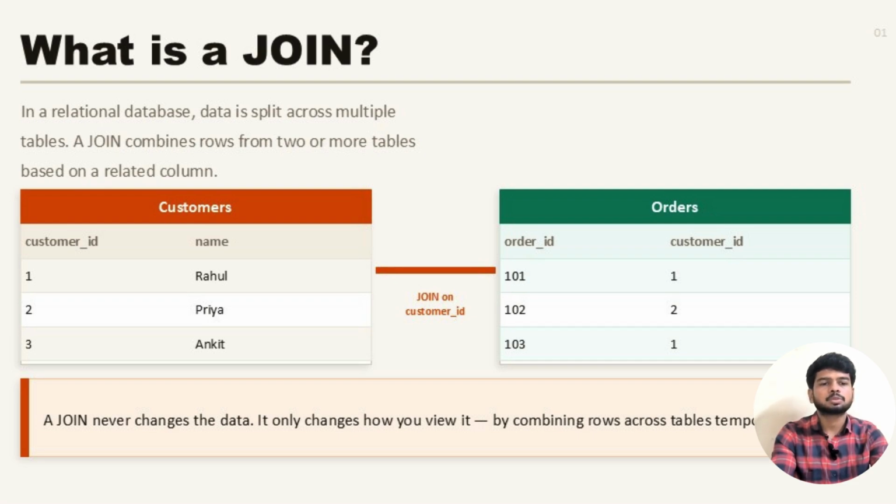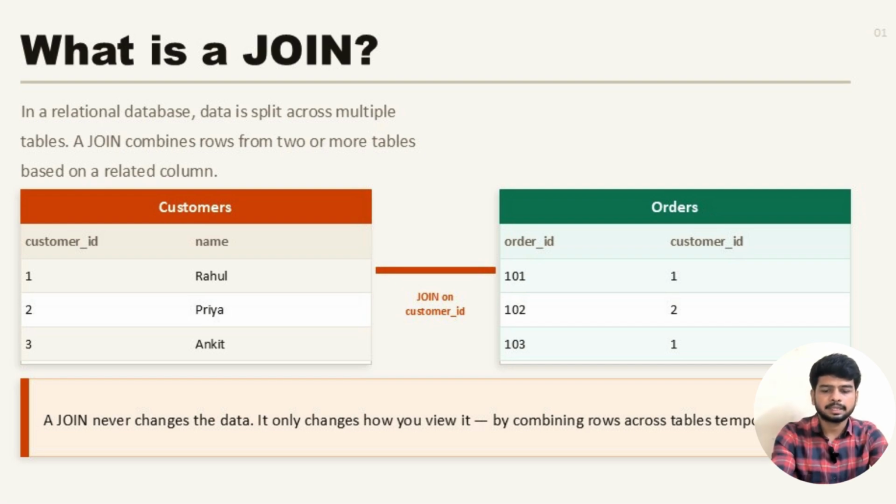And here comes the most important thing to understand about joins. Let's write it down: join never changes the data. It only changes how you see it. It will just show you what you want to see. It will not modify anything. You are not merging the tables. You are just temporarily combining them to answer the question in front of you.